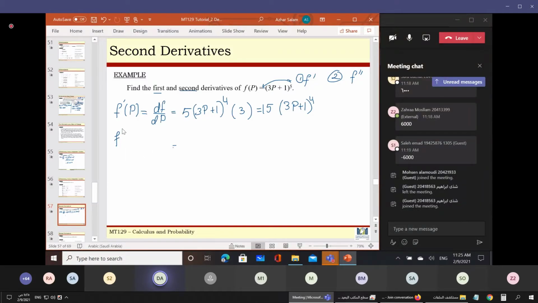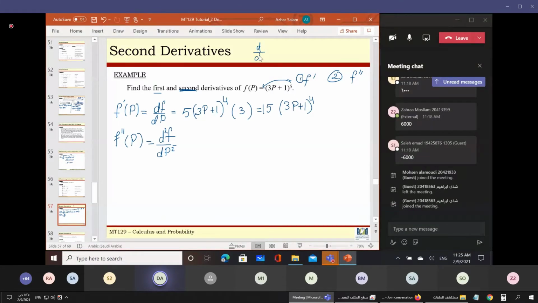Now I will find the second derivative. f double dash of p is the same thing as if I write d squared by dp squared of f. Notice here I write 2 on the d and dp squared.